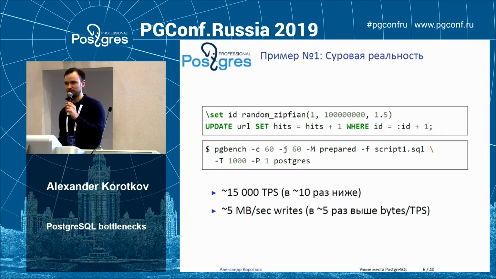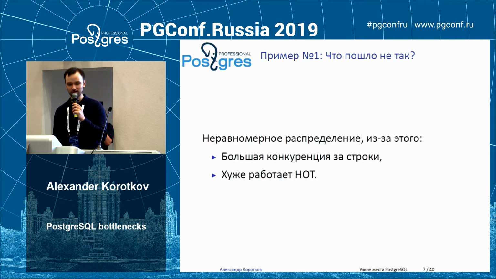So on one hand the figures are lower, but if we calculate how much we spend per transaction, it's still 5 times higher. But what happened? Why was everything good before, and then with a random zip file everything was bad?